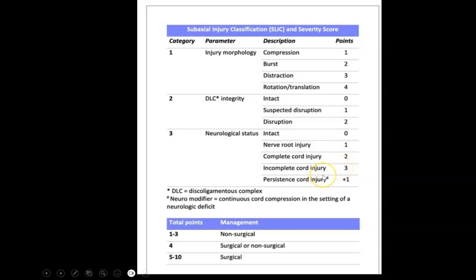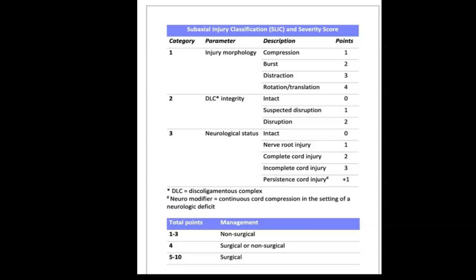And the persistence of the cord injury, it doesn't recover, you add 1. In this case, 1 to 3 is non-surgical. 4, it is in between. You can take the decision for surgery or not surgery, but from 5 to 10, above 4, you should always interfere surgically.